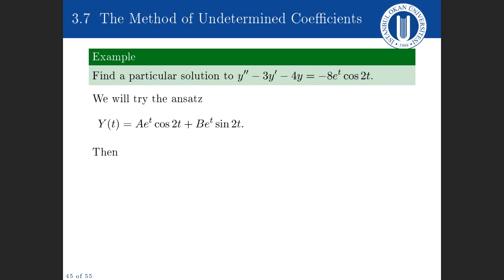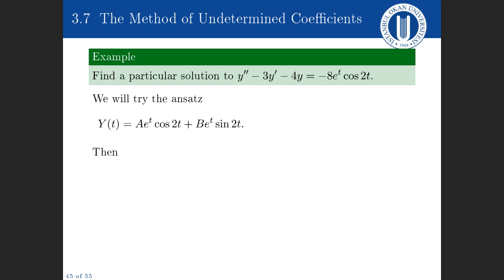But remember what I just said, cos and sine always need to go together. Anytime we have a cos in an ansatz, we also need to have a sine in our ansatz. So we're going to use the ansatz a e to the power t cos 2t plus b e to the power t sine 2t.